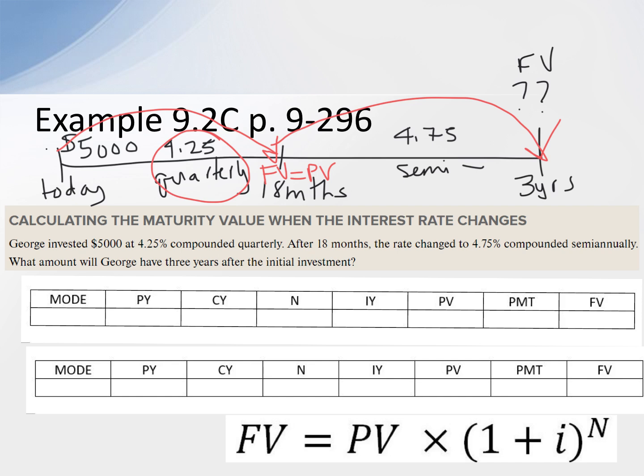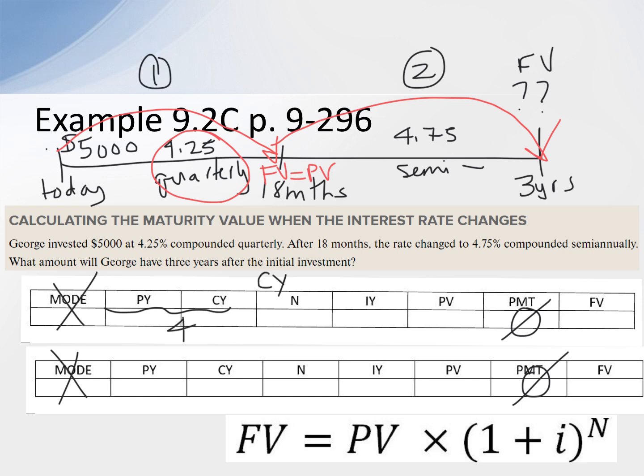So let's have a look at our variables. Again, our mode is not relevant right now, and our payments are 0. In the first segment, so I'm going to mark this as 1 and 2, we have a PY and CY of 4. Our N, again, we calculate that by compounds per year times the number of years.